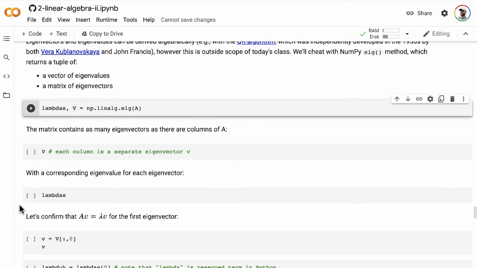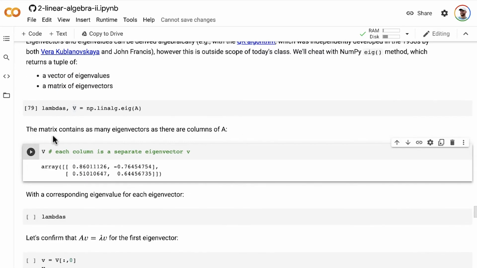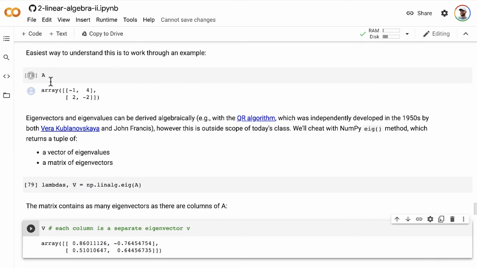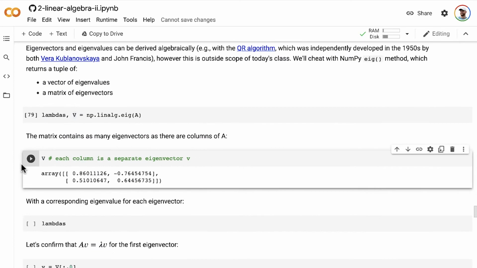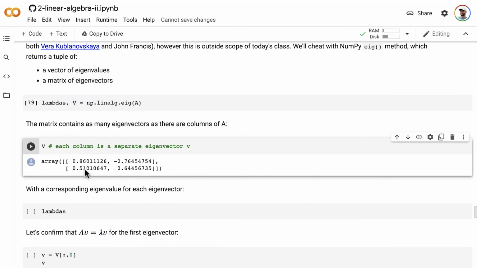Okay, it's done. Now let's have a look first at the matrix V, which contains as many eigenvectors as there are columns of A. So A has 2 columns, and therefore we have 2 eigenvectors. Each column in V is a separate eigenvector.